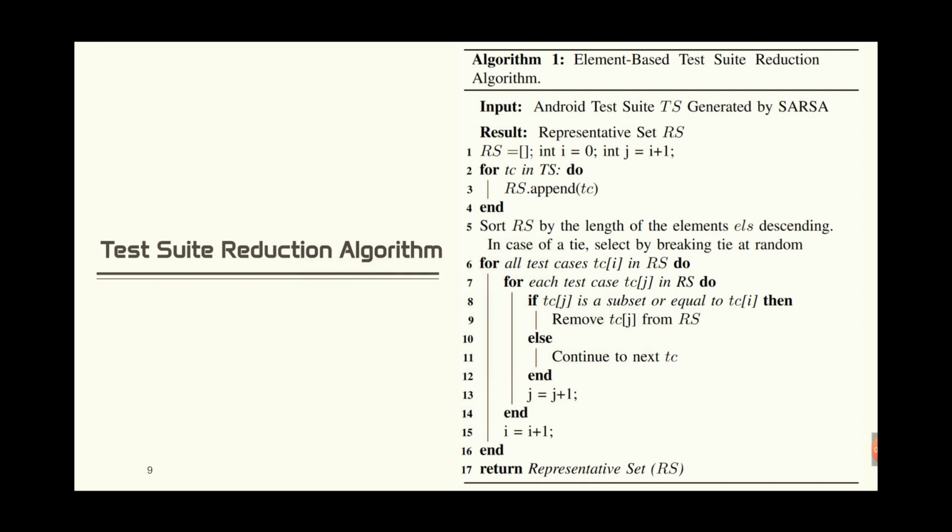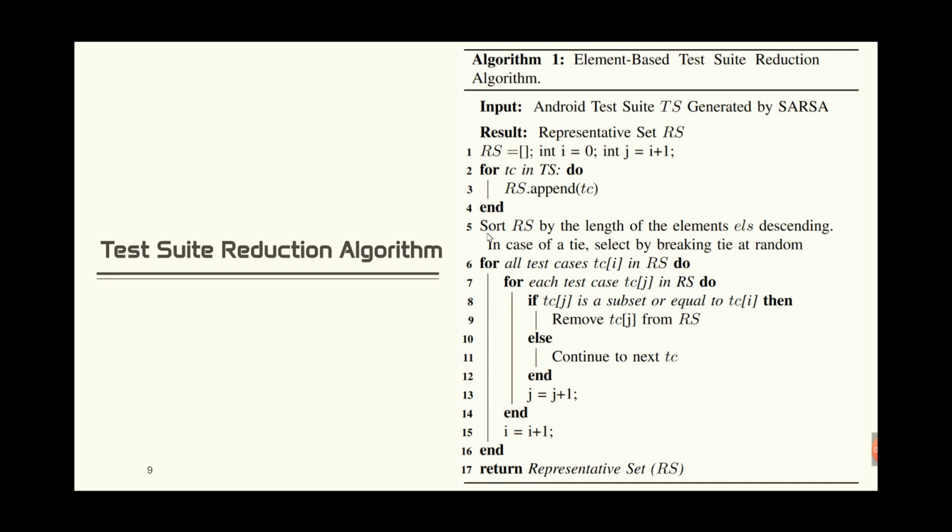Here is the reduction algorithm in this research. The input of this algorithm is the Android suite generated by SARSA, and the output is the representative set following this algorithm. The proposed algorithm relies on identifying the largest test case in the test suite that has the maximum number of elements until all test cases are covered, inspired by a greedy algorithm.